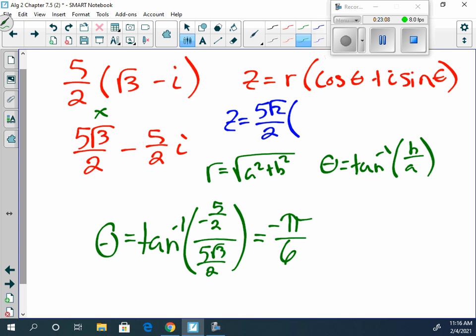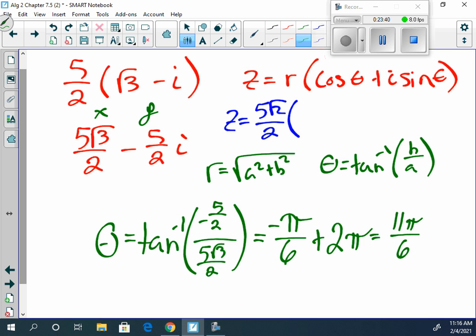Because we're looking at our x and y, x is positive, y is negative, so we're technically in the correct quadrant, but we want to make it positive, so we would add what to it? 2 pi. So we're going one full circle all the way around, taking it away from 360 essentially, or 2 pi, which would give us 11 pi over 6.